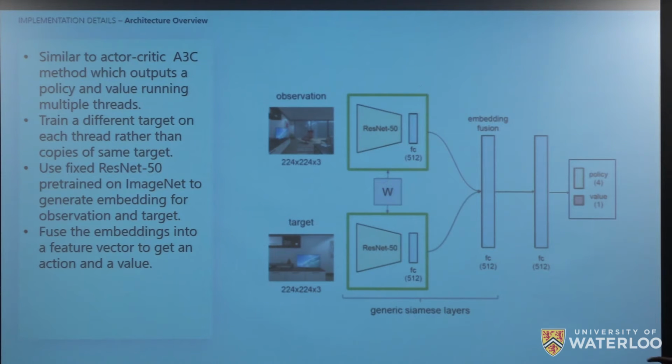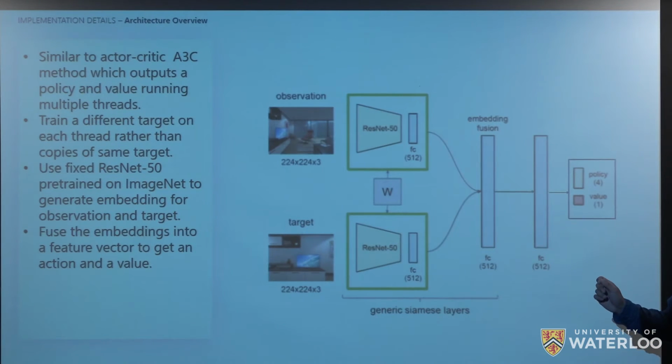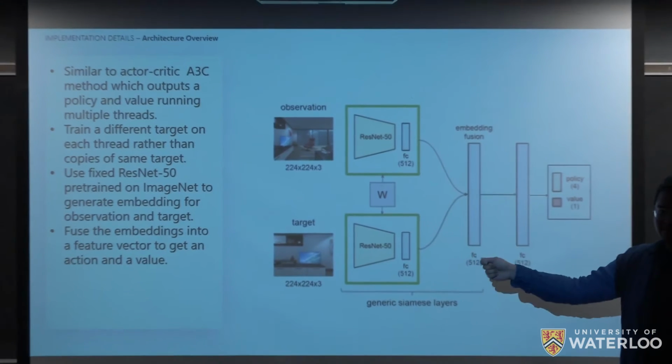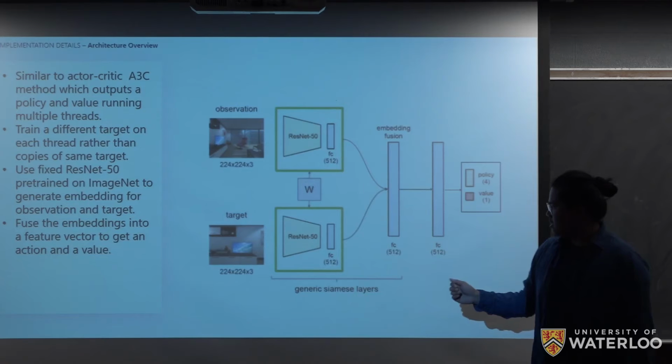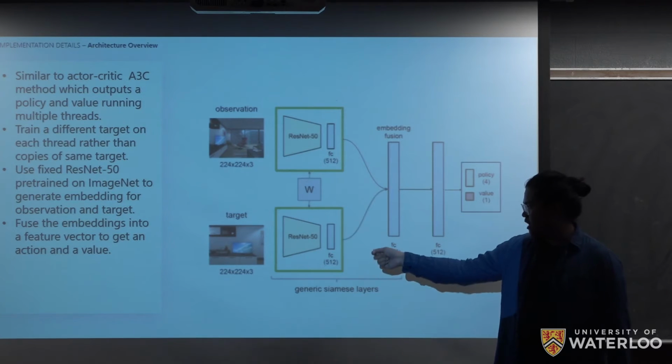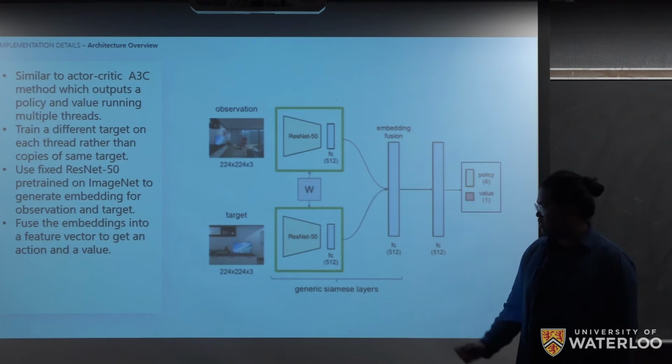So the overview of this architecture. We're going to have our observations and our targets input into the network. Instead of having a separate policy for each target, we now embed the target into a feature space, this 512-dimensional space. We do that using the ResNet50 model, a standard deep learning model trained on ImageNet, a data set for image recognition and classification.